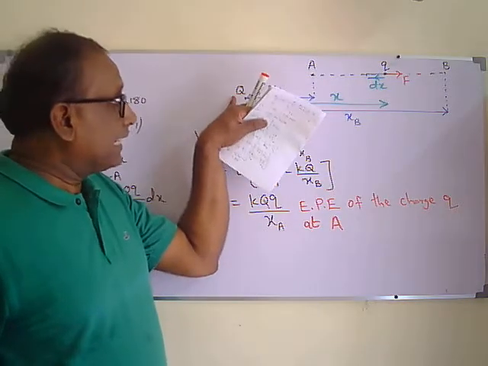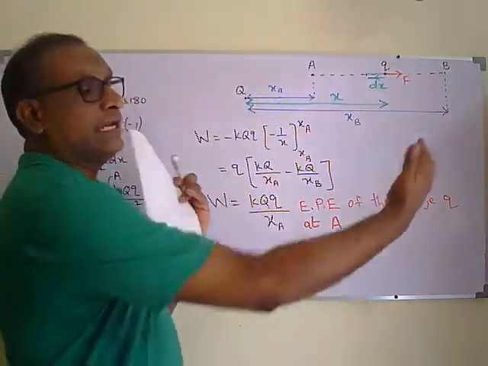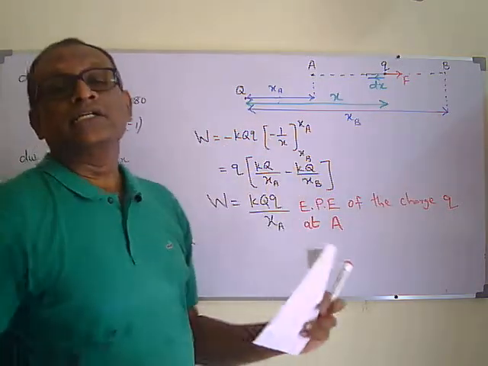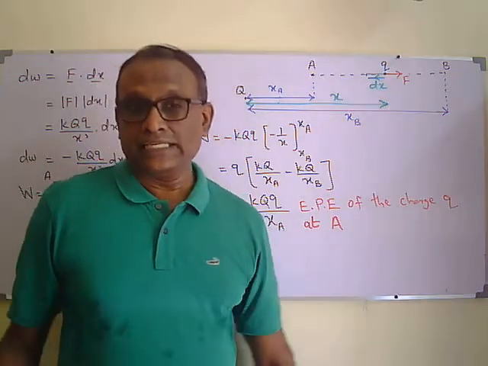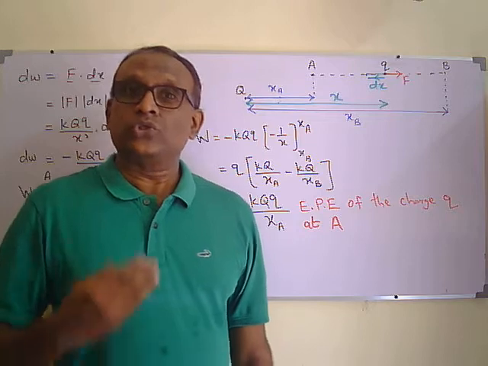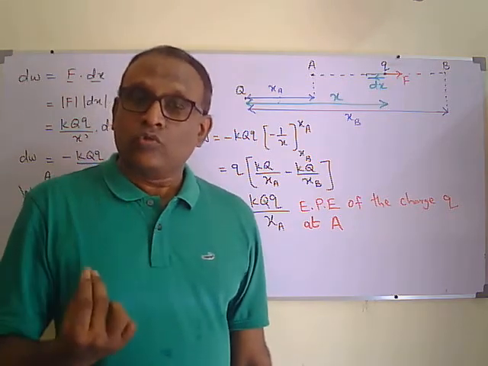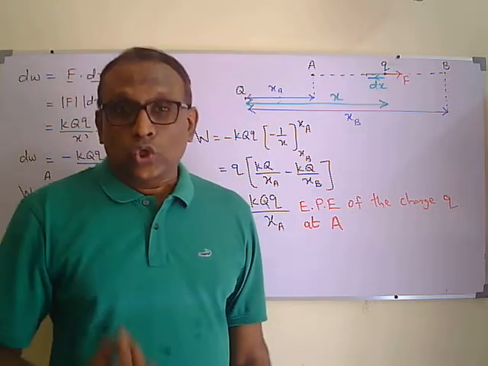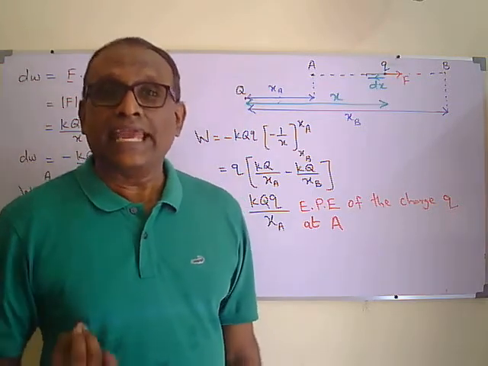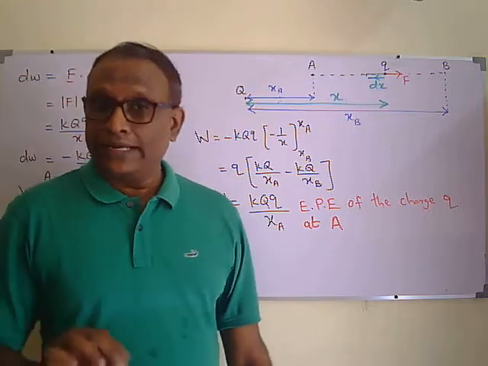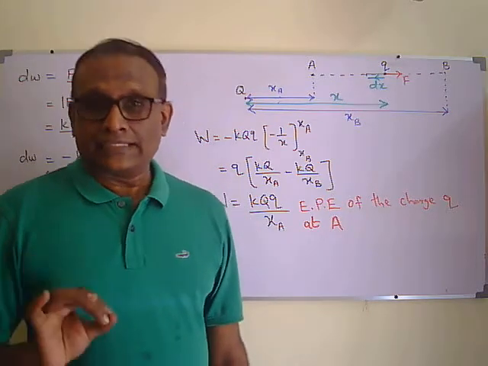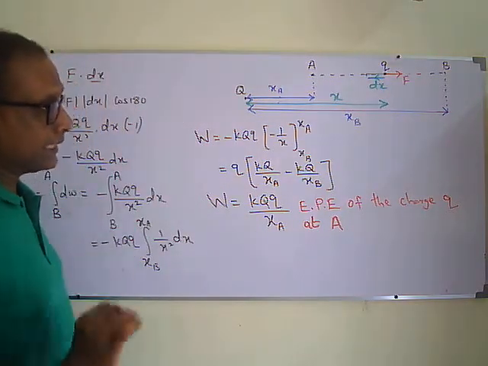If this is negative and this is positive, what's going to happen? It's going to attract it. So negative potential energy is due to attractive force. So the charged particle which is moving will lose its potential energy and gain kinetic energy whenever it has negative electrical potential energy. Remember that.